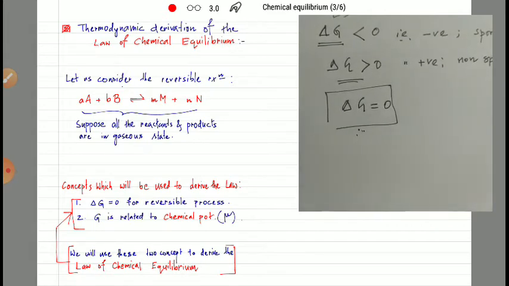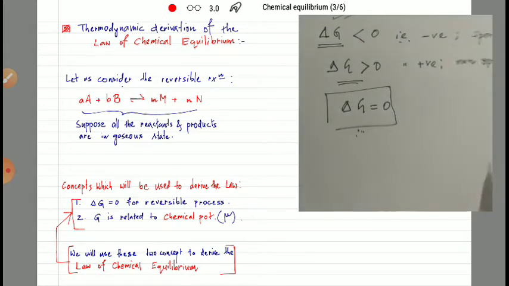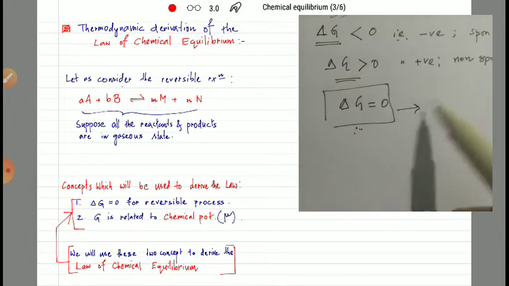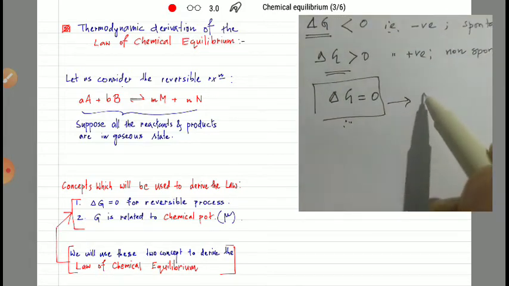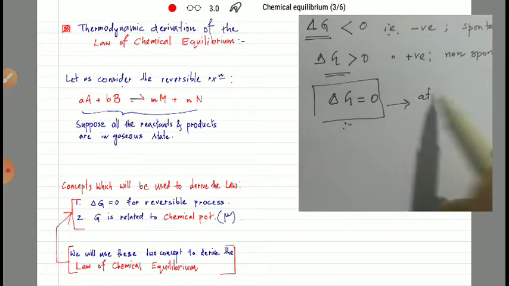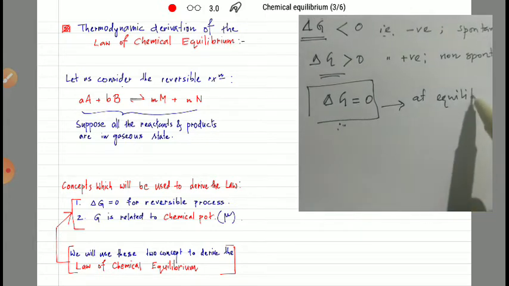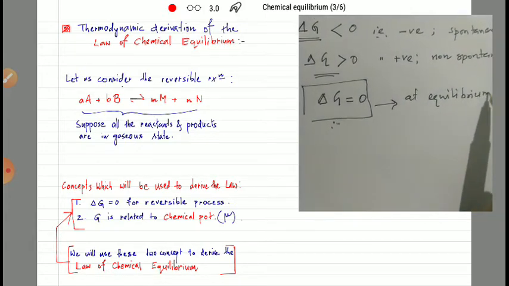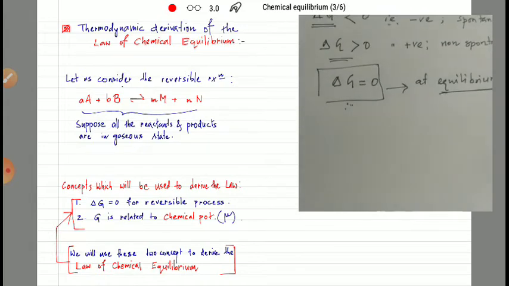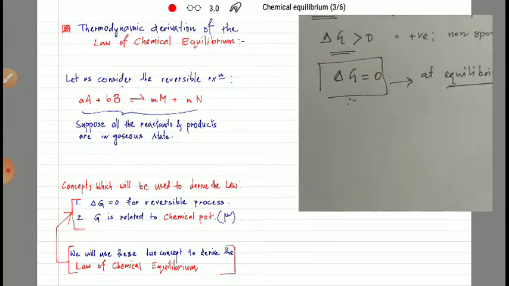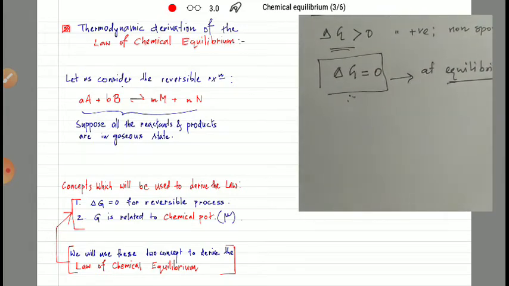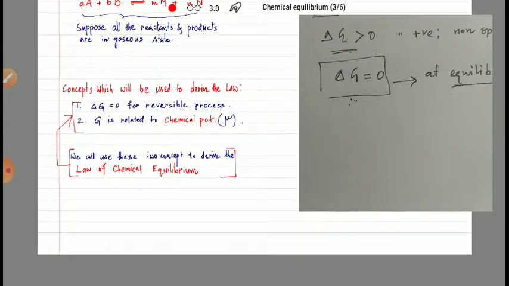What is the meaning of this? At that condition the reaction will be at equilibrium. So we are going to use mainly 2 concepts.